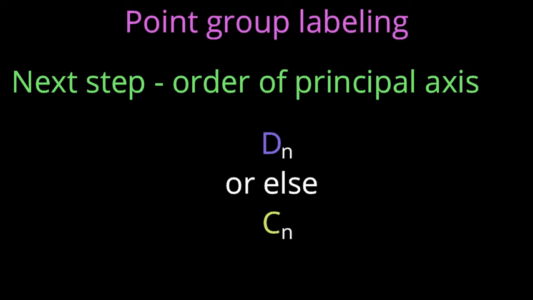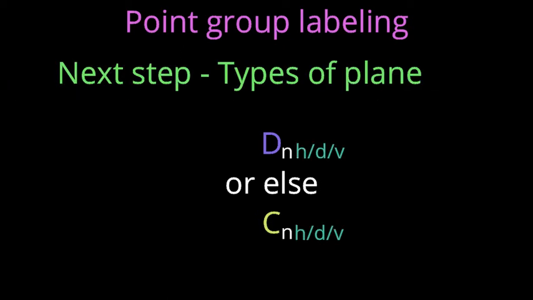Afterwards, types of plane present in the molecule will decide the further nomenclature. So three planes, horizontal, vertical and dihedral. Among them, a superior plane, powerful plane, which we need to emphasize, which we need to mention is horizontal.